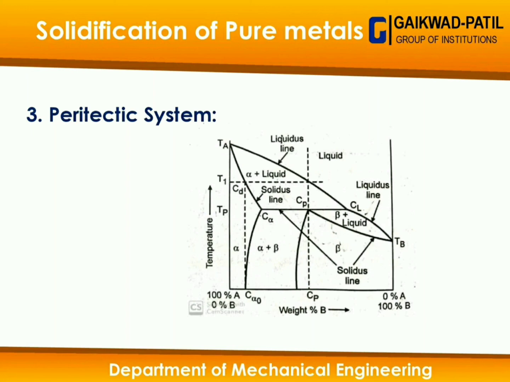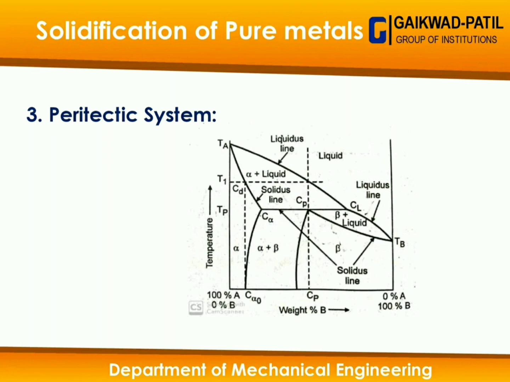And when we mix both metals at this temperature, we will get different results. When we cool down metal A, we simultaneously get the alpha nucleation phase, and the intermediate phase between liquid and alpha is called alpha plus liquid. When we heat up metal B up to point Cl, we get the liquid of B. And when we cool down metal B mixed with metal A at equilibrium condition, we get alpha plus beta at the end.